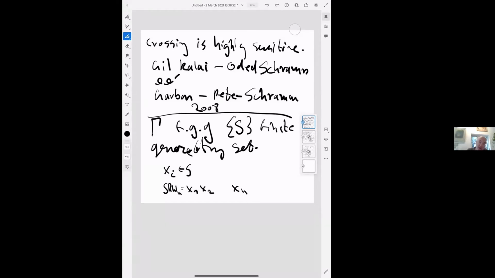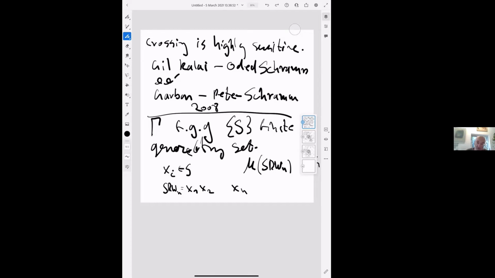We get a distribution, the distribution of the simple random walk, which is some distribution on the elements of the group.